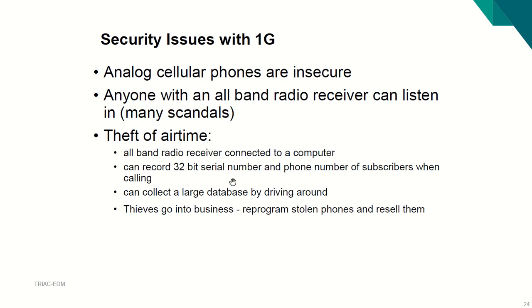So there's a sort of theft of your cell phone number, and then they use your number to communicate. And of course the bill is going to be billed to you instead of the thief.